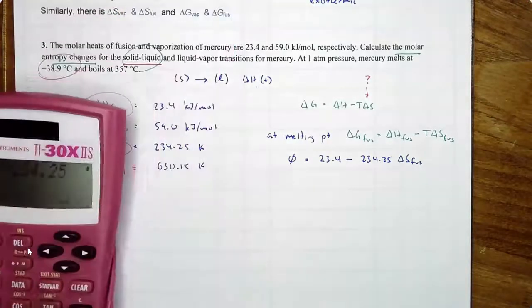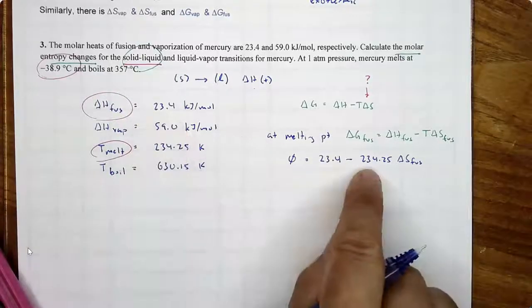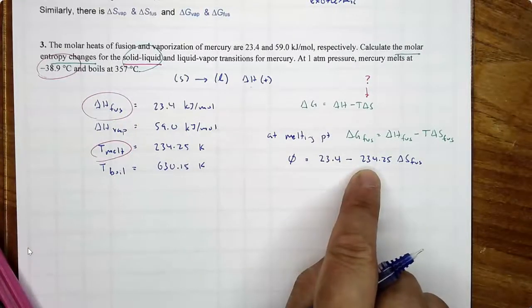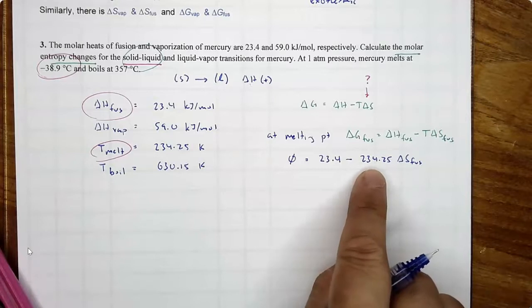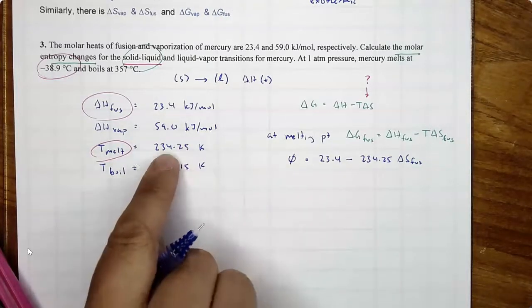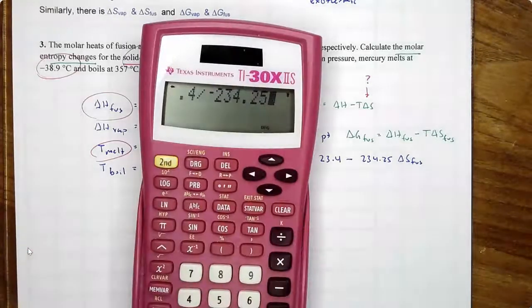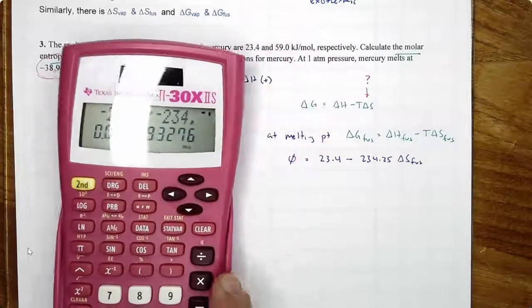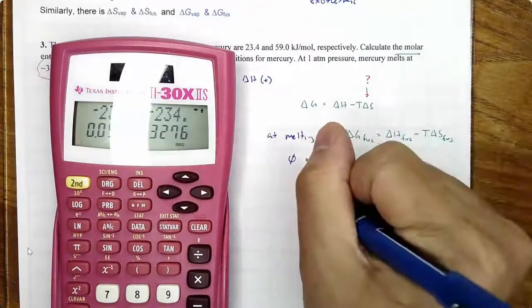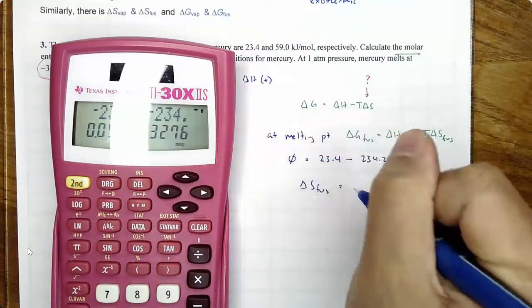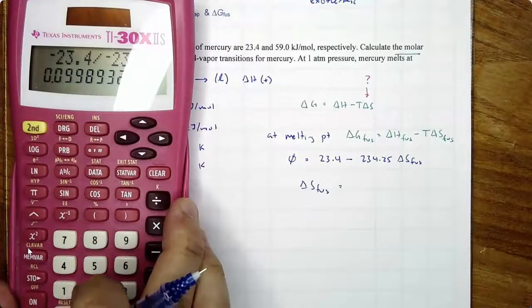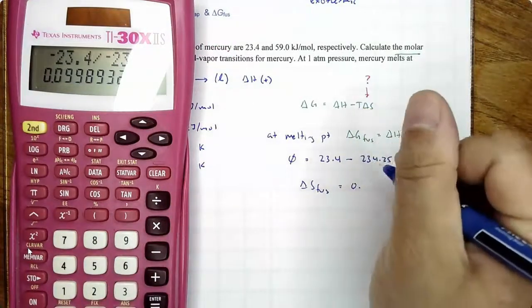234.25. Is that true? Where did this number come from? Oh, it came from here, 234.25, the temperature. Alright. Delta S of fusion equals, you see that? 0.